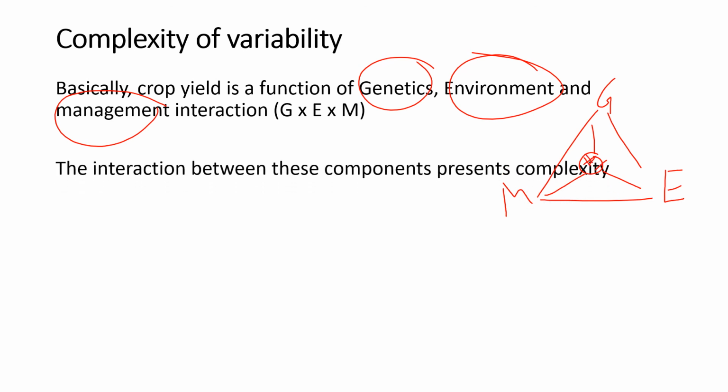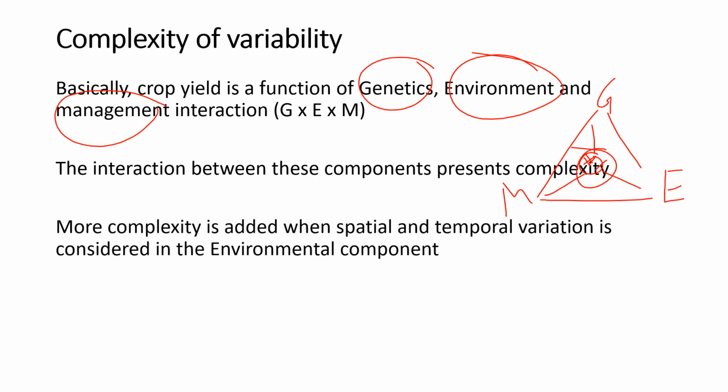So we are saying that this interaction brings about complexity, and more complexity is added when spatial and temporal variation is considered in the environmental component. Then the yield becomes a function of the genetics itself, the environment, and management.